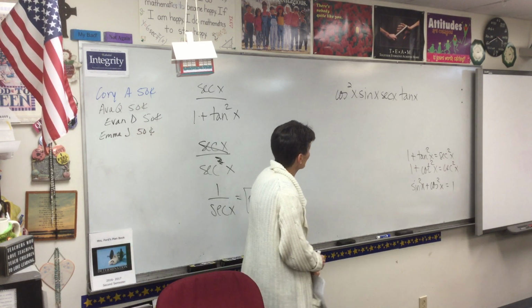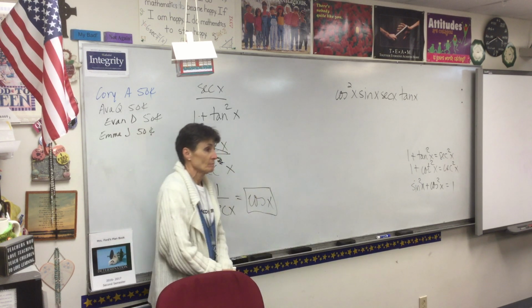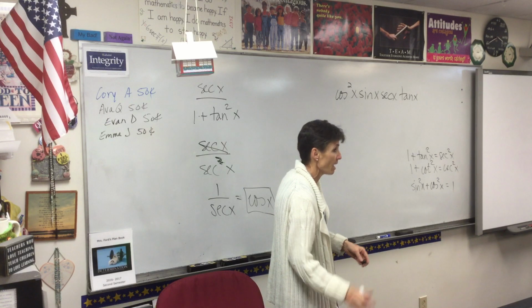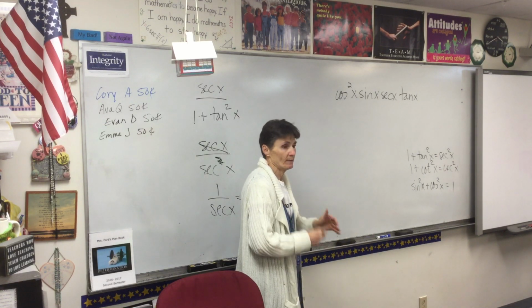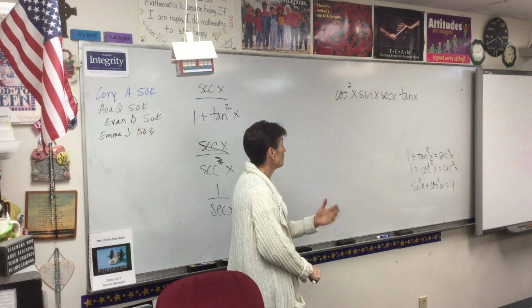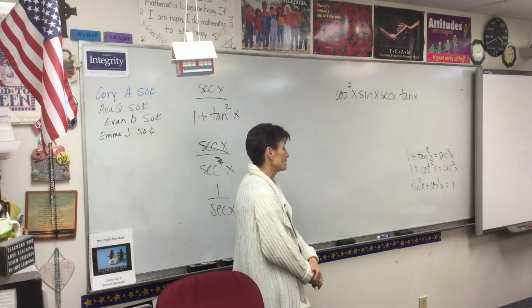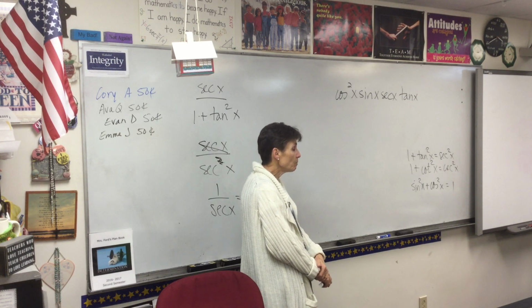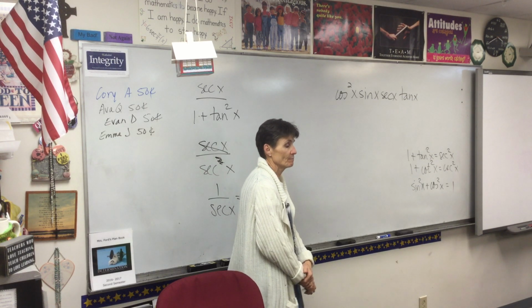See what you can do with this one. Remember, if it's a cosine or a sine, don't change it. We just put them over 1, right? But we change all the other things, and then hopefully what will happen?